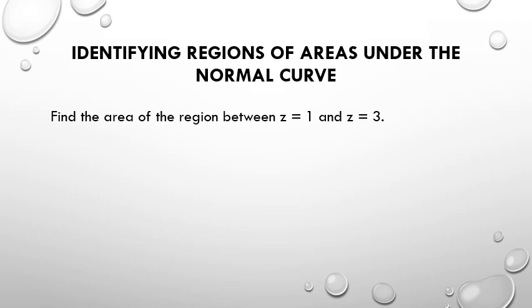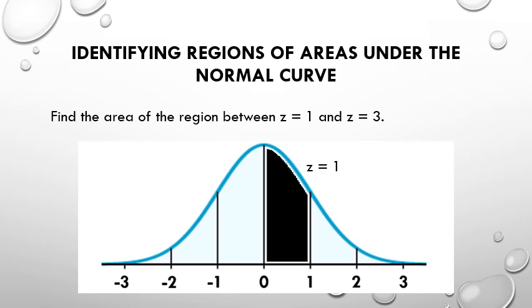For example, find the area of the region between z equals 1 and z equals 3. So first, ang atong buhaton is atong i-graph si z equals 1 ug si z equals 3. So this is the graph of z equals 1.